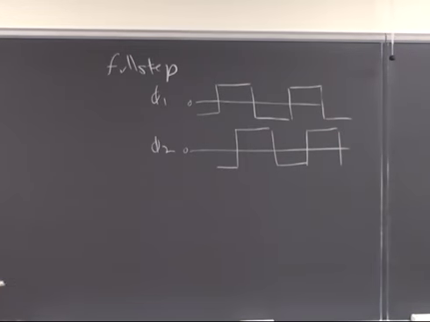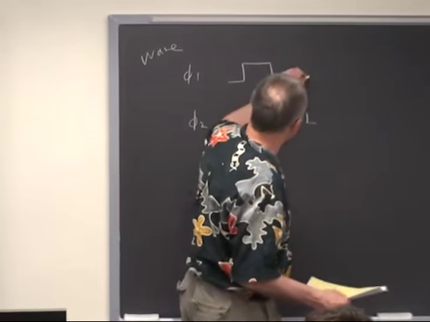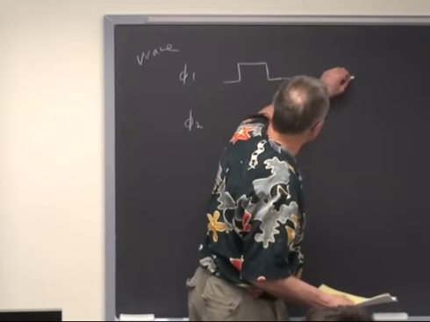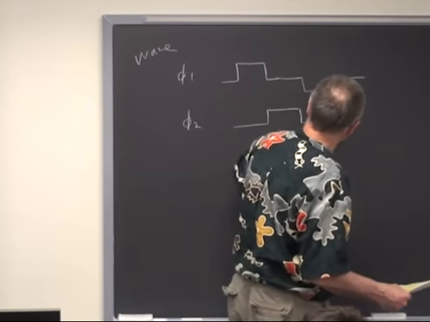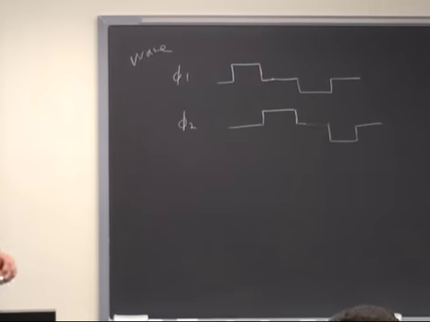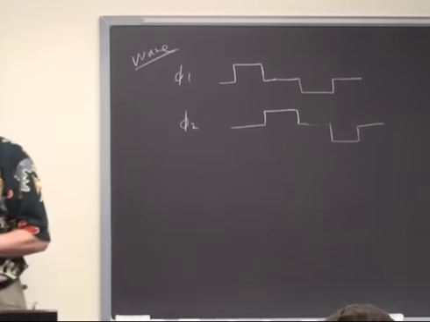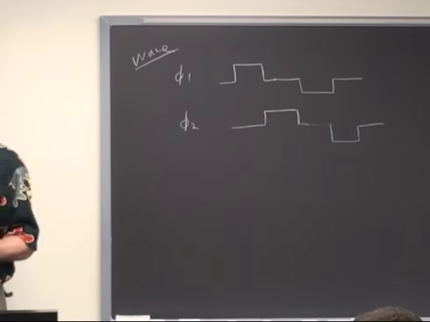Whereas with a wave, we're going to turn on phase 1, turn it off, turn on phase 2, turn it off, turn on phase 1, turn it off, turn on phase 2, turn it off. The advantage of the wave is that even though the torque is less, the current is less. So the average power is lower.